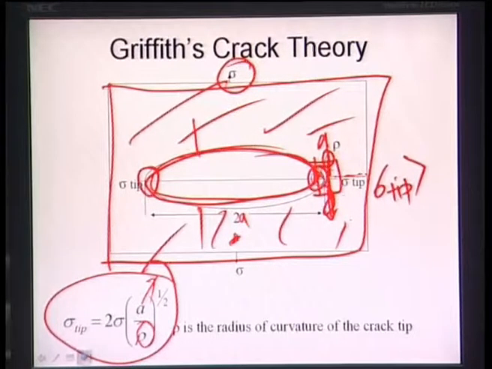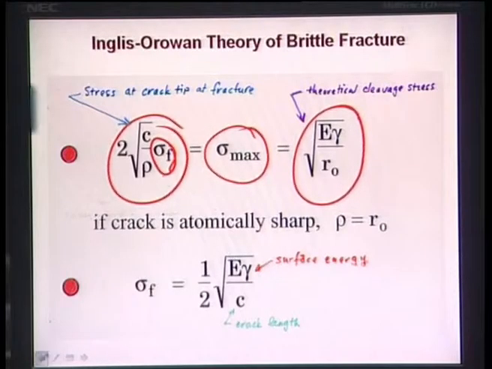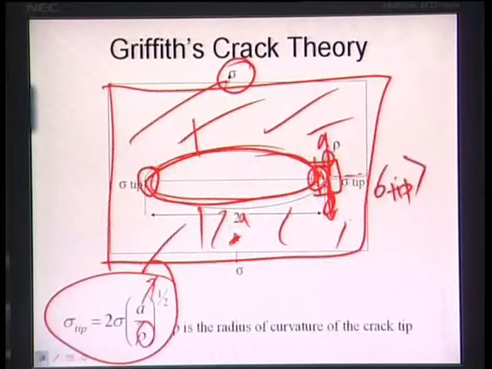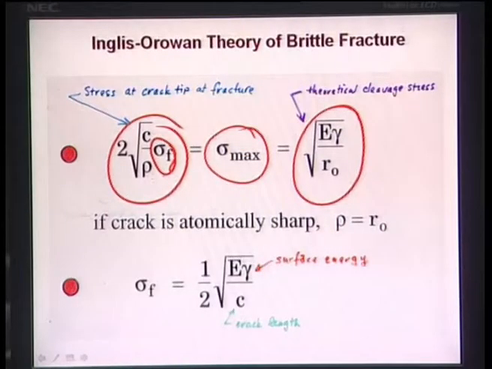So the same criterion has been used by English and Rice, and what it says is that sigma max at the crack tip at the point of fracture, when sigma becomes sigma f, or in other words when you are applying the external stress at the point of fracture, then 2c by rho into sigma f would be equal to sigma max, the maximum stress at the crack tip, and that is equal to square root of E gamma by rho.